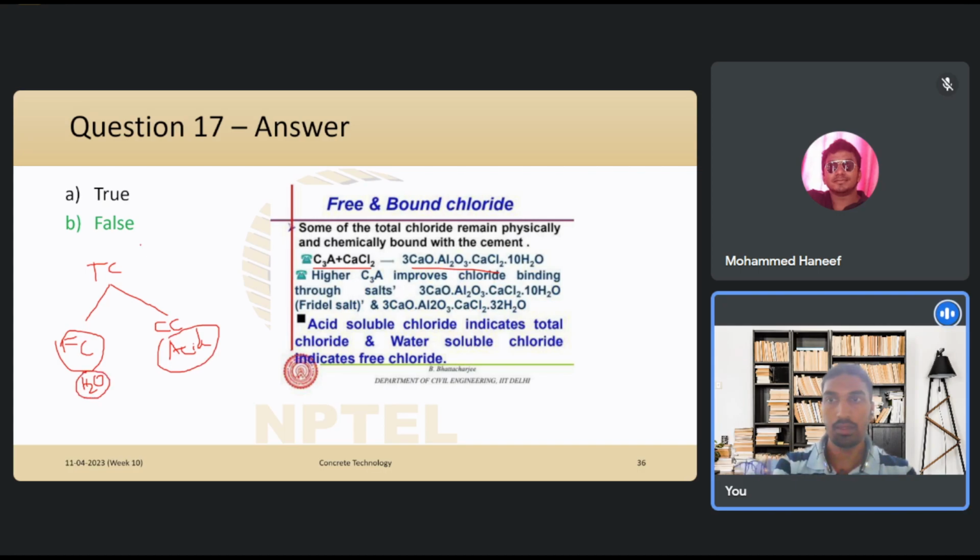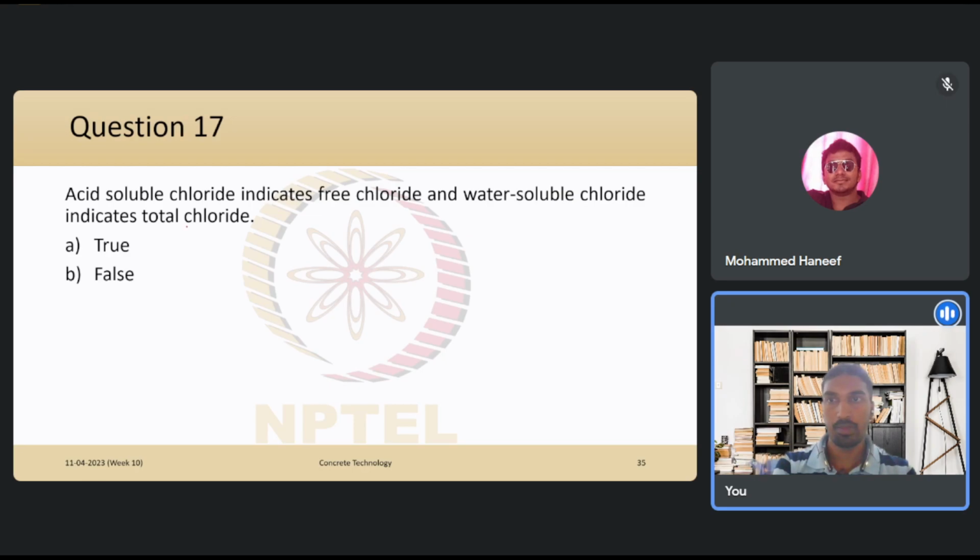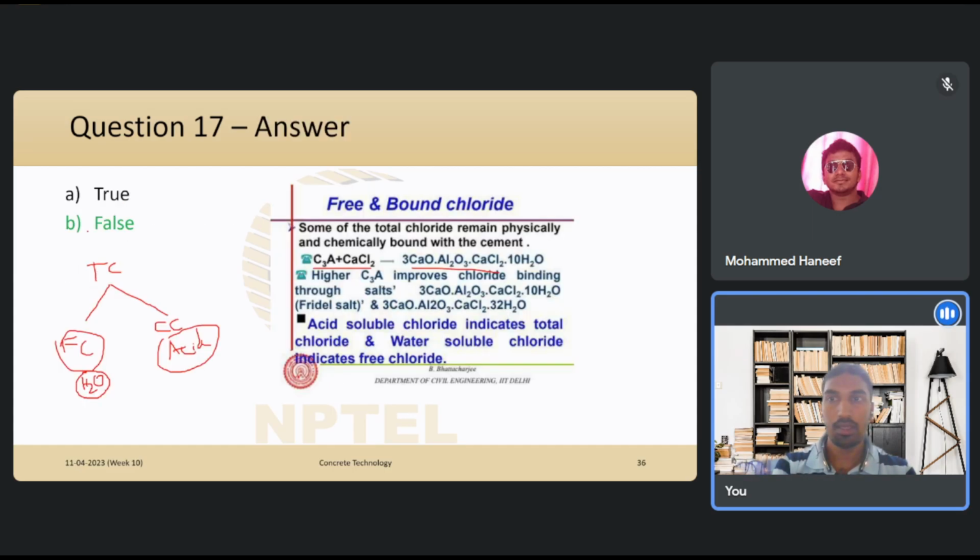Therefore the given statement is the opposite. It says that the free chloride is what is soluble in acid, and total chloride is what is soluble in water. That is the opposite. Acid soluble is the total chloride content, and the free chloride is actually water soluble. So the right option is that the given statement is false.